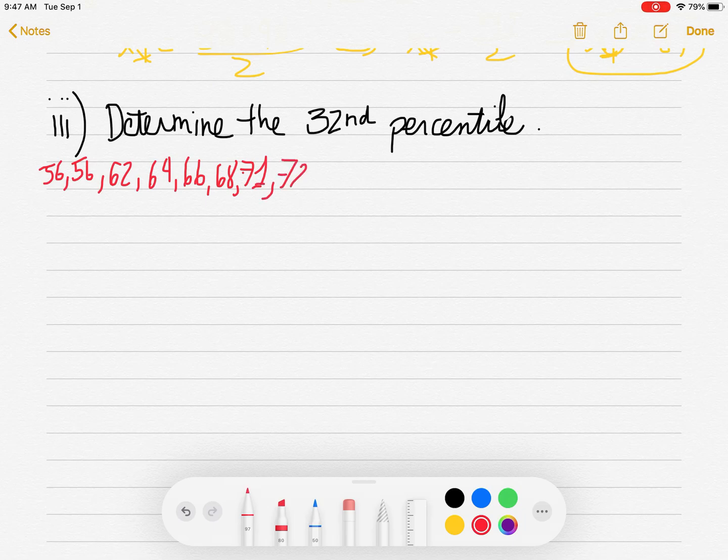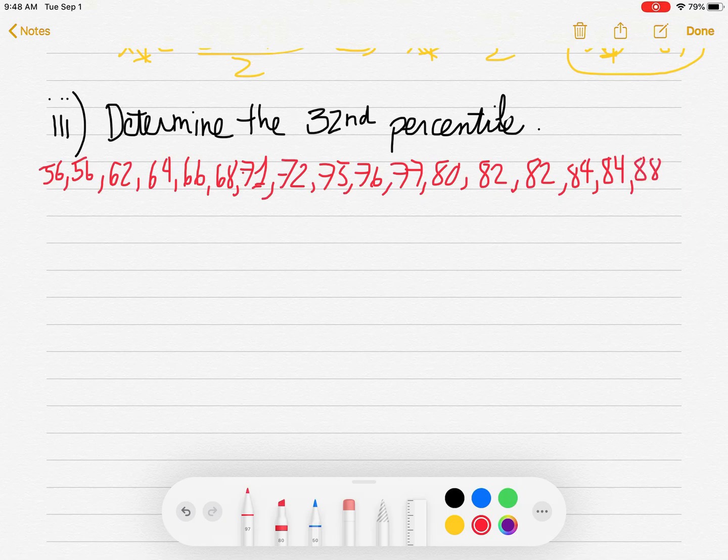So 1 right there. 72, 75, 76, 77, 80, 82, 82, 84, 84. Don't think I'm going to fit them. 88. Can't write small enough with this iPad. 90, 92, and 96. So it always seems I end up with a 92 and a 96 on the second line. All right, so the 32nd percentile.